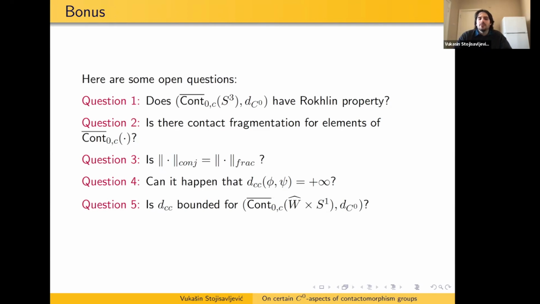Okay, and this is the last one. This is asking if this DCC is bounded for pre-quantization spaces of Liouville domains. I actually think this question is not hard. The point is we proved continuity of Albers-Merry spectral invariants, but they did not prove the triangle inequality.